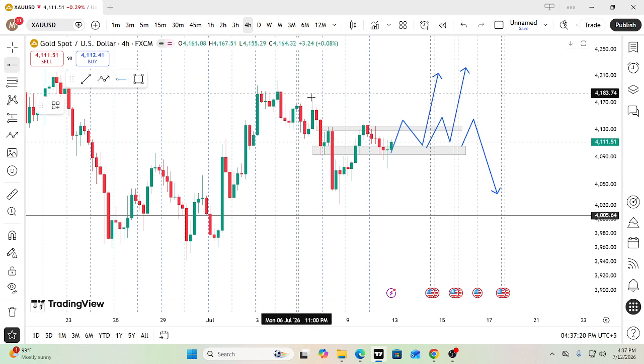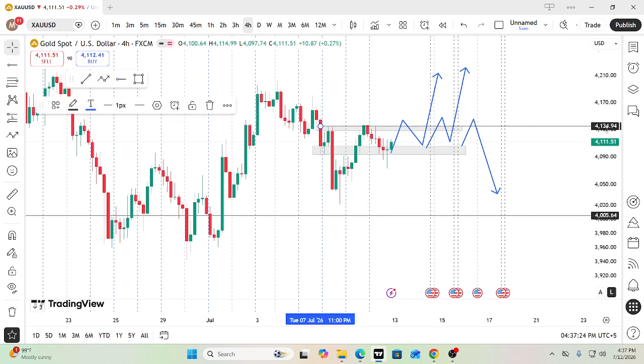If the market is not able to give closings above this level, 4135, which is the resistance or supply area, and it sweeps this area and we get confirmation in the smaller time frame, the market may fall, which is less likely. The market is expected to go up, but we need closings above this area, which is 4135.